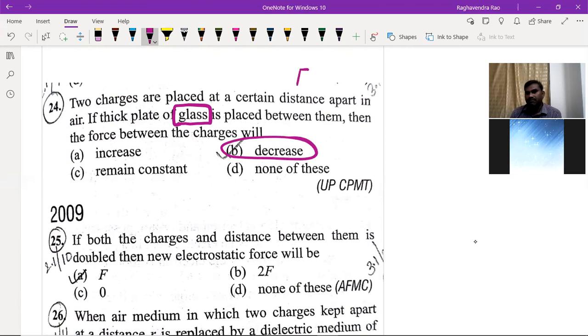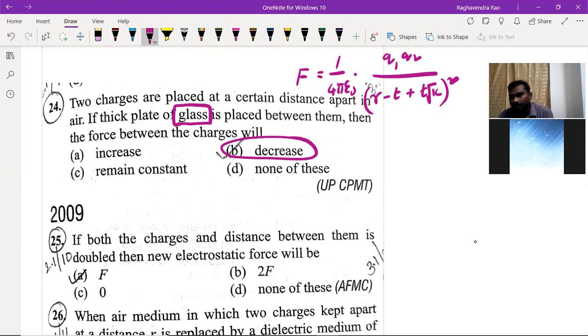What is the expression for force? F is equal to 1 by 4 pi epsilon naught Q1 Q2 by (r minus t plus t root K) whole square. This is when a dielectric slab of thickness t is introduced between the charges.